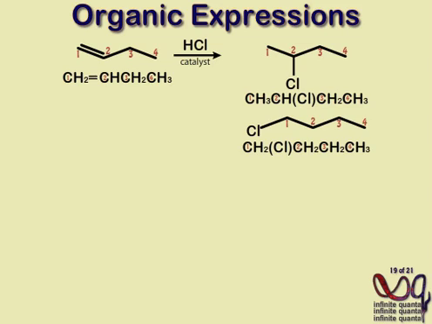So this carbon had two hydrogens, and this carbon only had one. So when the hydrogen is added from the HCl, it's going to go to the carbon that has the most, which is the 2. So the chlorine ends up on position 1.